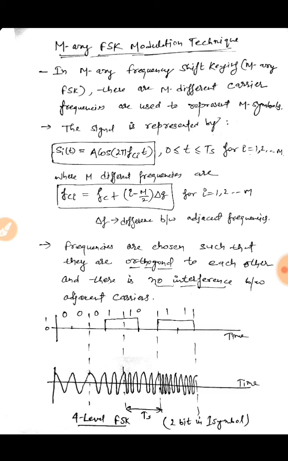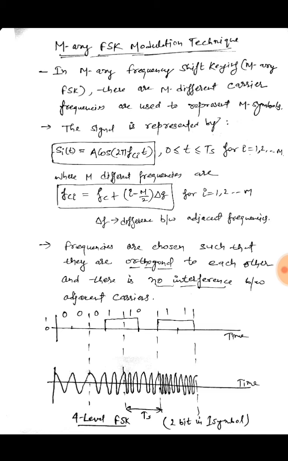Like in amplitude shift keying we were having more than 2 amplitudes, similarly in the FSK scheme we will be having more than 2 frequencies to represent M symbols. The amplitude of all the symbols would remain constant, like in amplitude shift keying the frequency was constant for all the symbols.